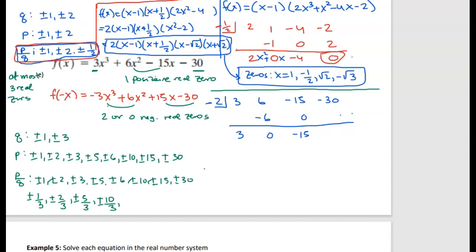Negative 15, 30, 0. There it is. Yay! Alright, so remainder is 0. So that means the function has a factor of x minus negative 2, or x plus 2.